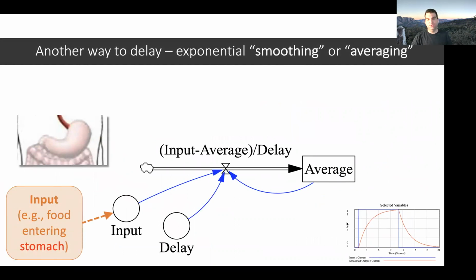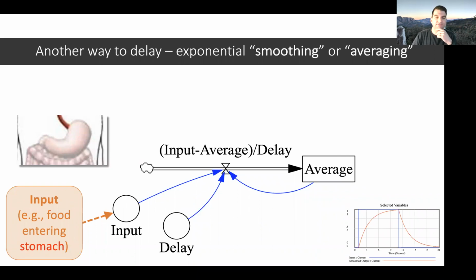So we build smoothing delays. I'll end up showing you there's a module where this is done for you in both Vensim and Insight Maker, but we can do it manually, and we would do it with something that looks like this, where the bloodstream is kind of like the average here, and the input is kind of like the food into the stomach.